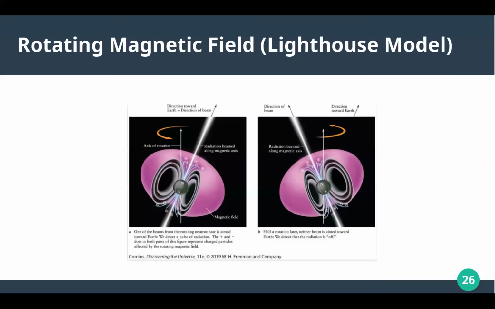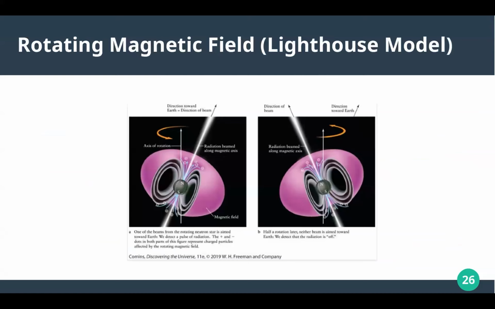As we see, the pulsar is precessing, or having its axis rotate around another axis very quickly, so that the magnetic field inside of it is pointing to one side at one moment, and then 0.033 seconds later, in the case of LGM1, pointing towards us.